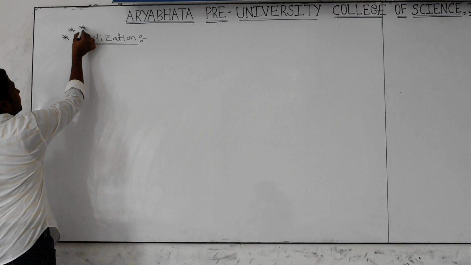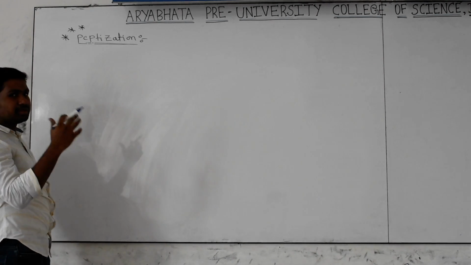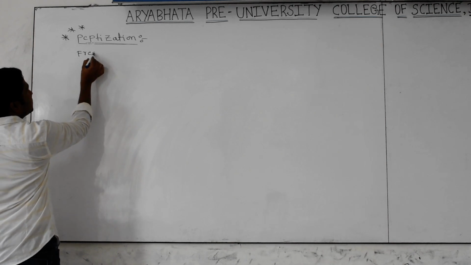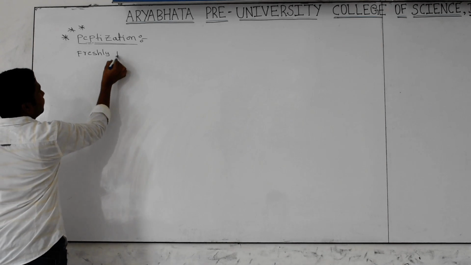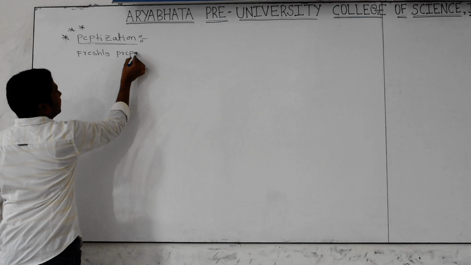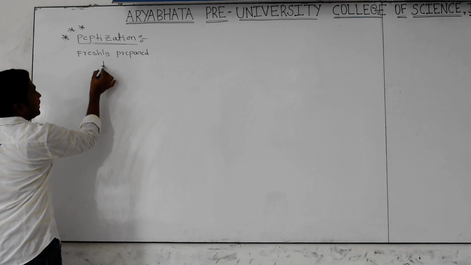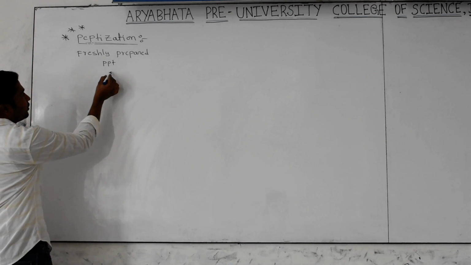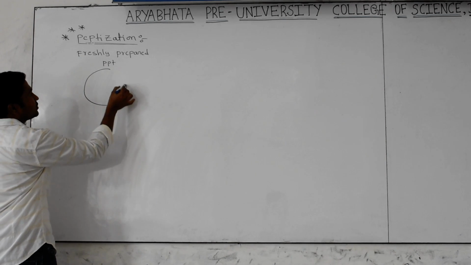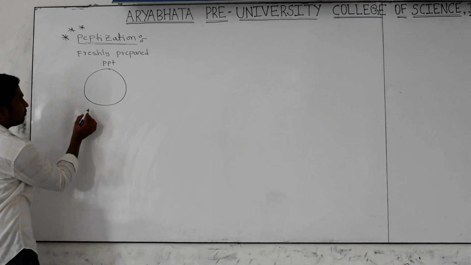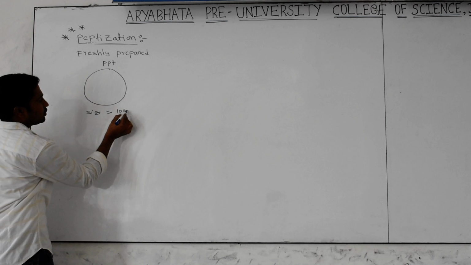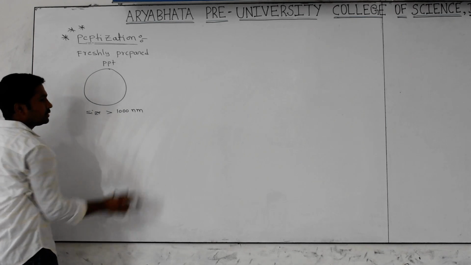Look carefully. Peptization, what is the basic concept here? We have to take a freshly prepared precipitate. For example, the size should compulsorily be more than 1000 nanometers.